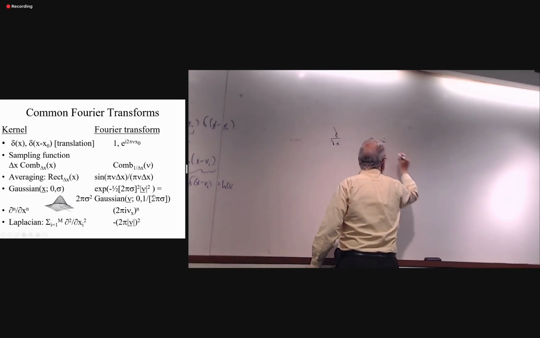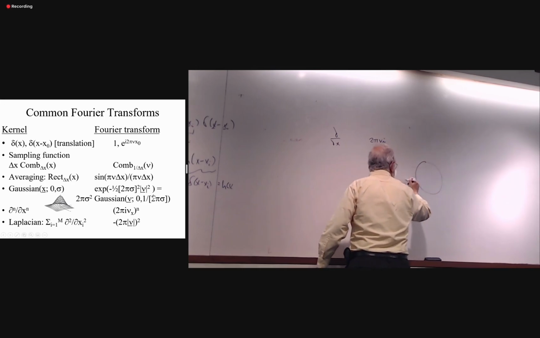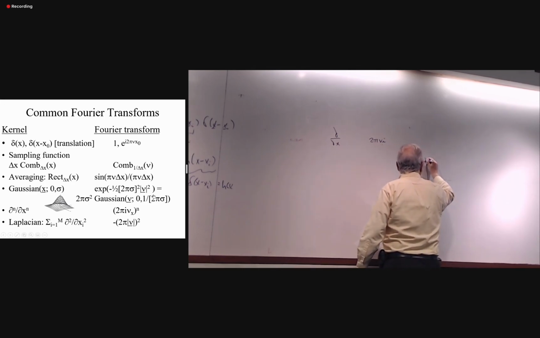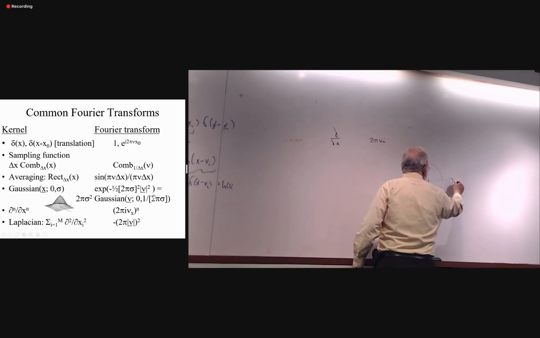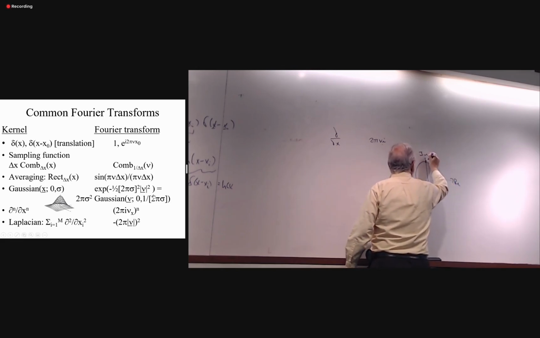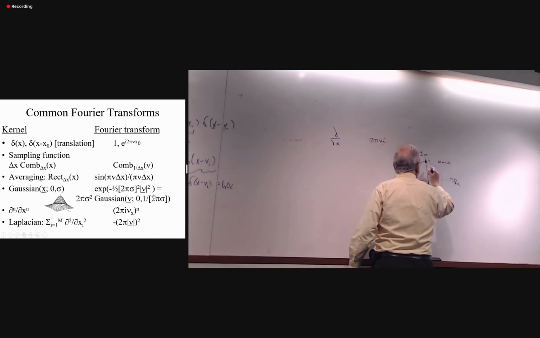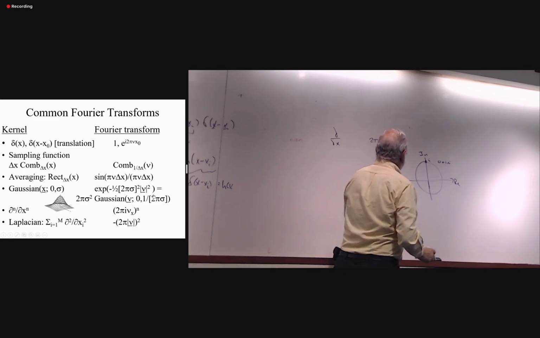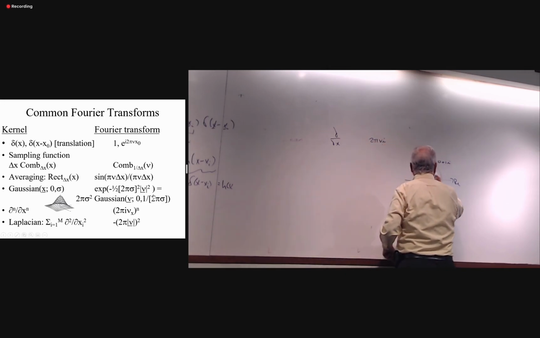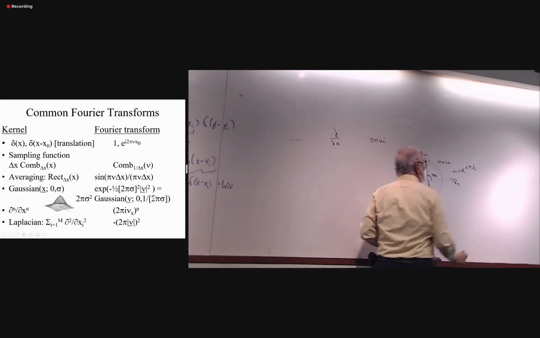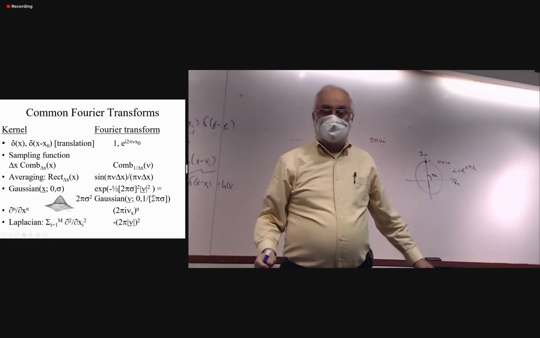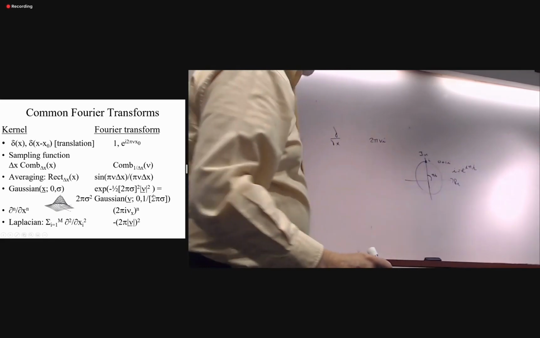But I remind you, in our complex understanding, this is the real part, this is the imaginary part, and i is just 0 plus 1i. That's just i equals e to the i pi over 2. It's just another way of writing i.